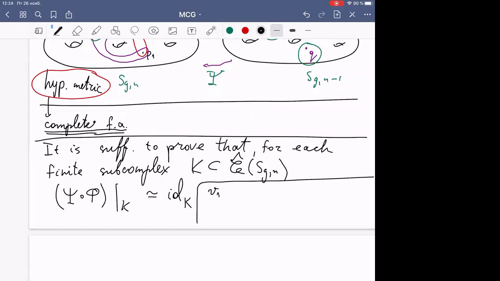A finite subcomplex always has finitely many vertices. Each vertex corresponds to a simple closed curve on the surface. Why is it sufficient to prove it on a finite subcomplex?